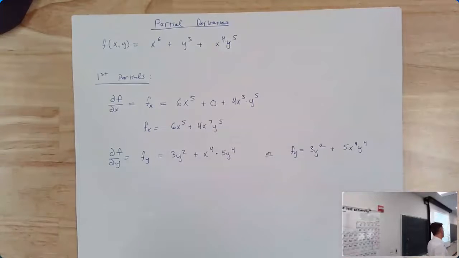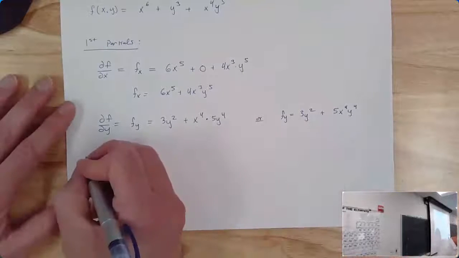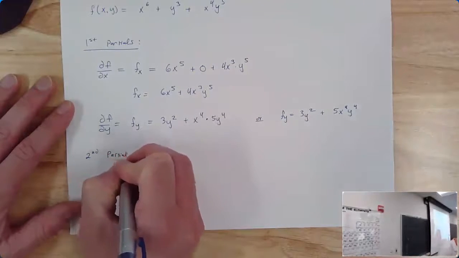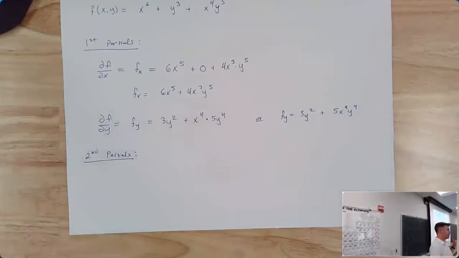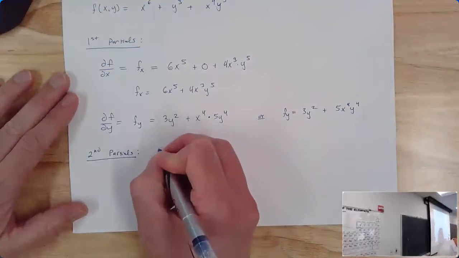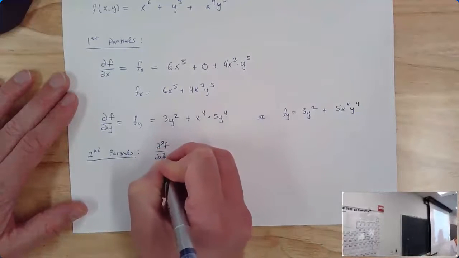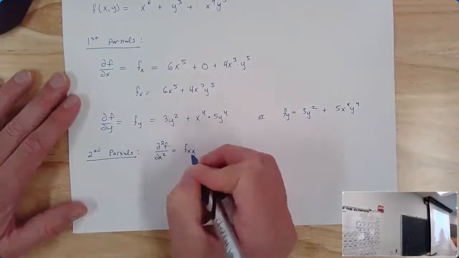Second partials are also not too bad. So how many second partials are there? Well, there's 4. I mean, really, there's only 3, but there's really 4. So there's this one. There's del squared f del x squared, or written as fxx.